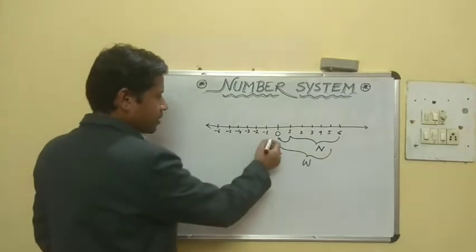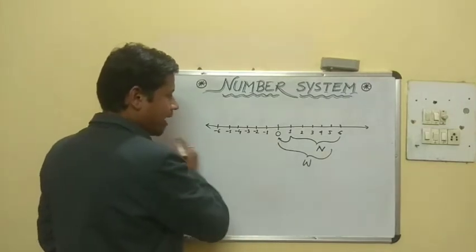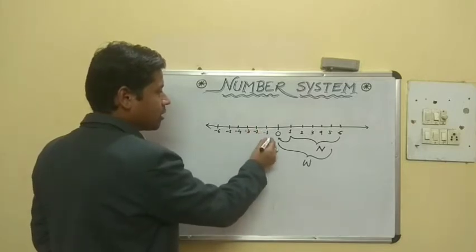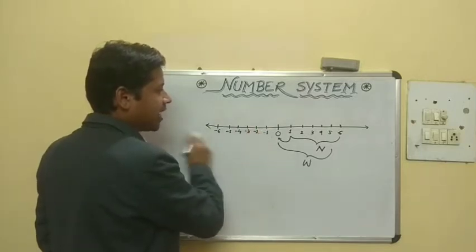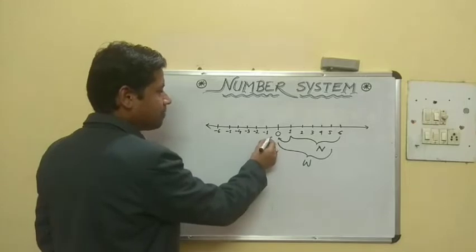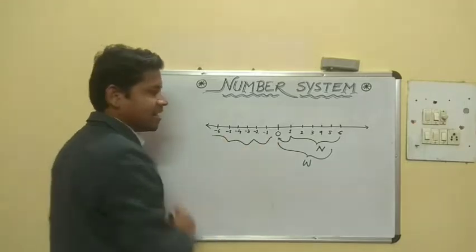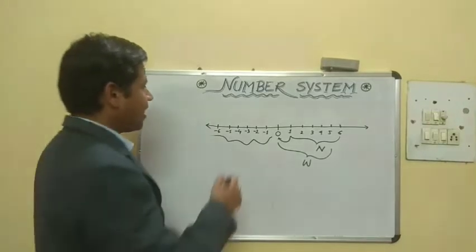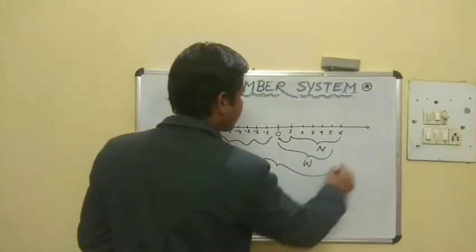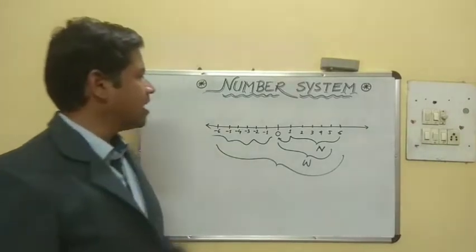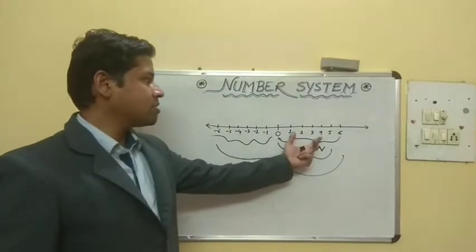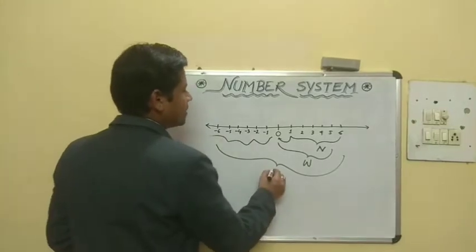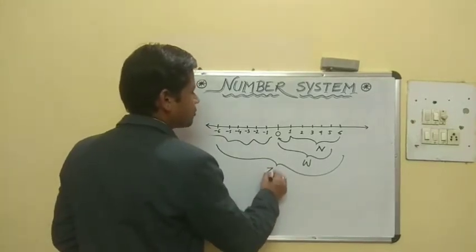If you go in the backward direction, to the left side of 0, then you collect all the negative numbers. They are nothing but the negative integers, and together with all the whole numbers, the negative numbers become the integers.